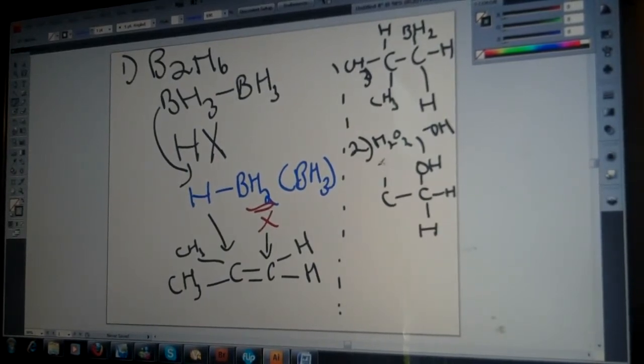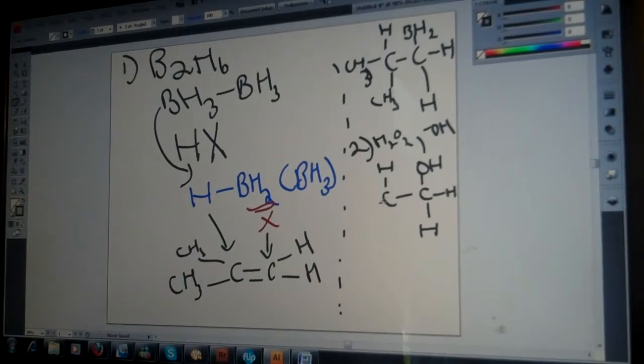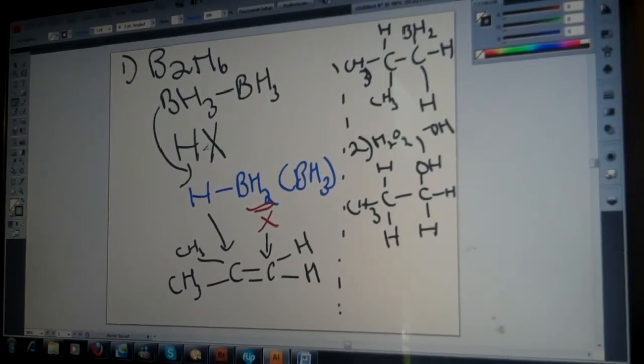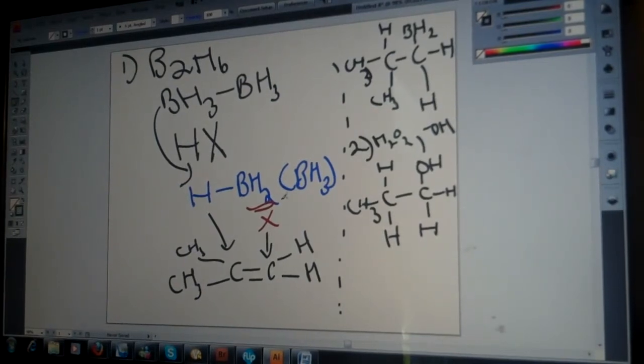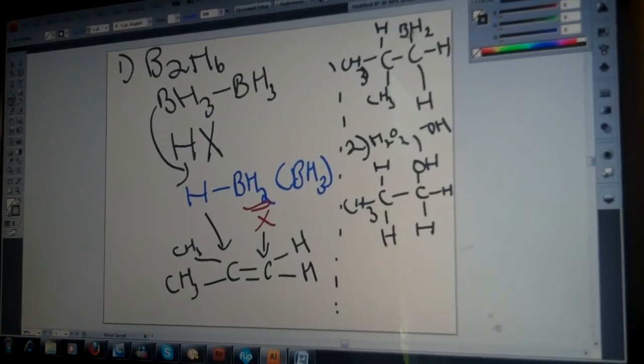So in this type of question, you're really adding an OH and an H to this alkene. You go from alkene to alcohol, but you have to go through anti-Markovnikov by adding an H and a BH2, and then this acts as the leaving group up here.